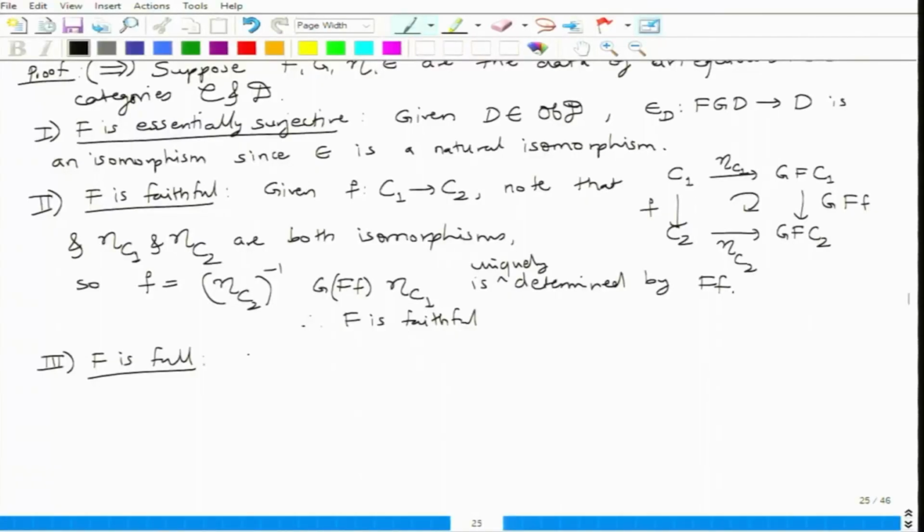So for that reason, an argument similar to the above shows that G is faithful. Okay, so G is faithful. You can conclude that F is full from the fact that G is faithful.